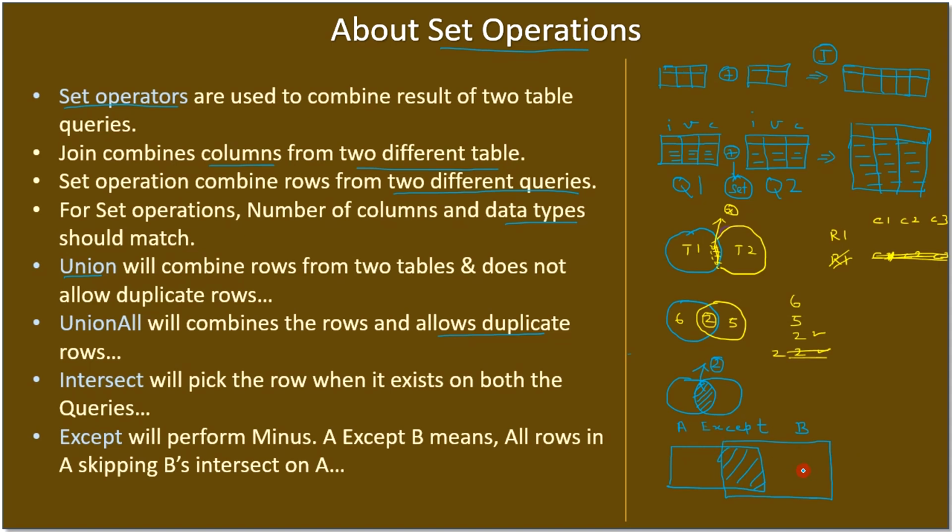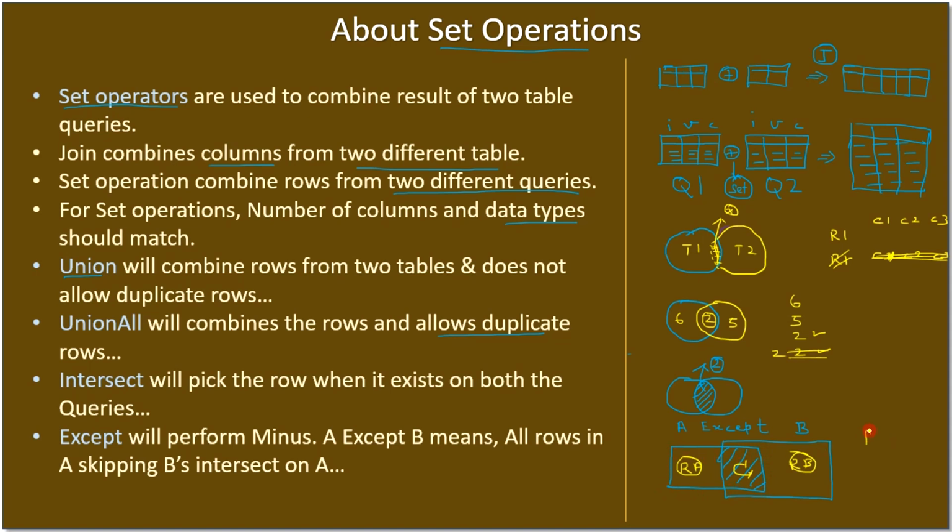So if you see here, A except B means, definitely, let's state that this is records of B, records of A, and this is the combination. So A except B means it will not pick records of B. But here in A's portion, there will be a mix from records of B, this portion C. So what you will get is RA, completely this one.